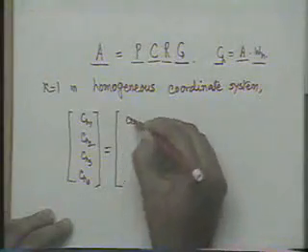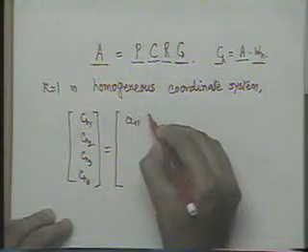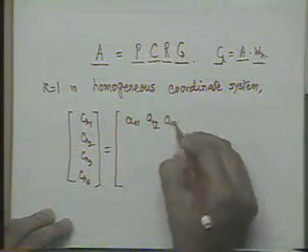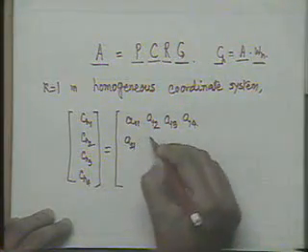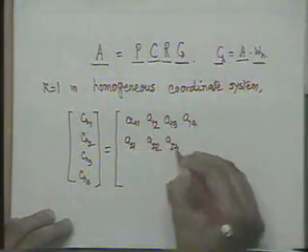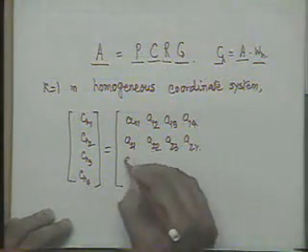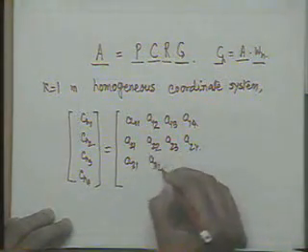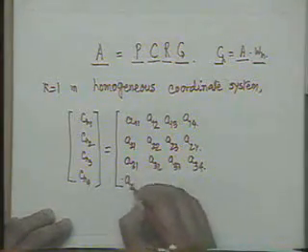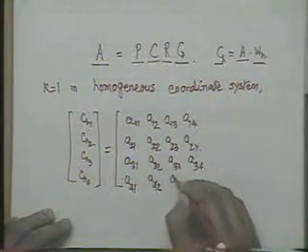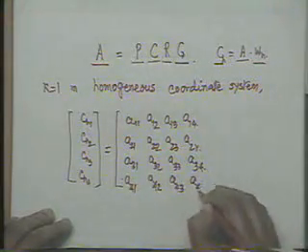So it is CH1 by CH4, the second is CH2 by CH4, and this should be equal to the A matrix. The A matrix elements I am writing in this form: A11, A12, A13, A14, A21, A22, A23, A24. The third row: A31, A32, A33, A34, and the fourth row: A41, A42, A43 and A44.